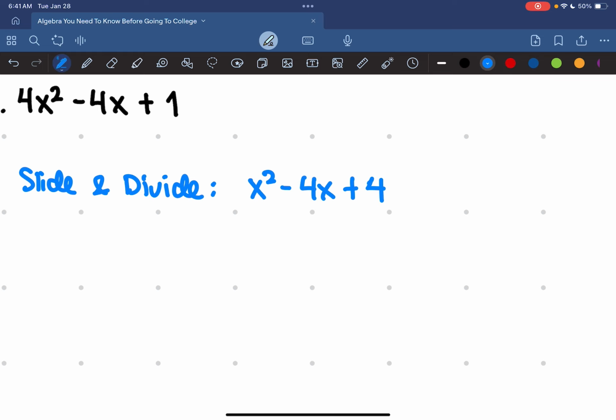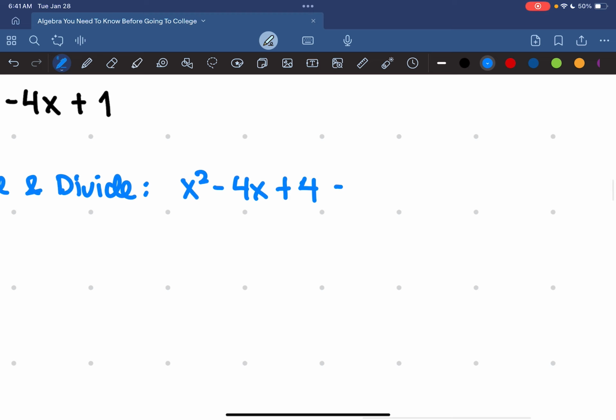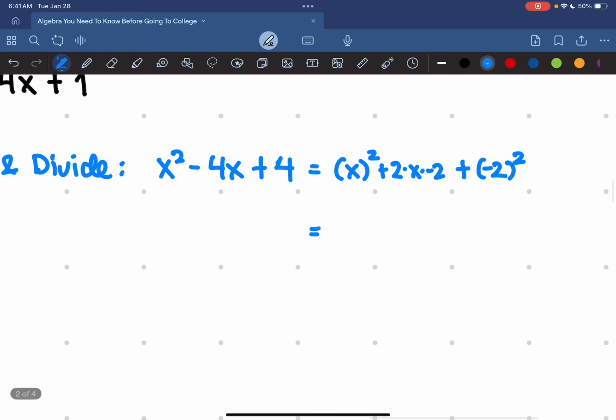Another way to view that is to square the first and the last term, and the last term is negative 2, and then the middle term is 2 times the product of the first and the last term. So we have here x times negative 2, right? So when that happens, we just simply have x minus 2 squared.